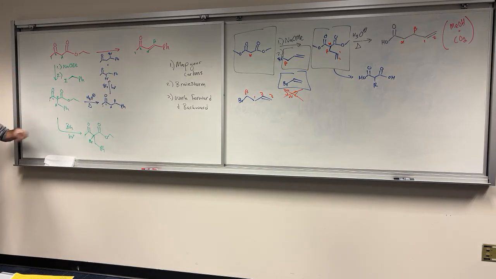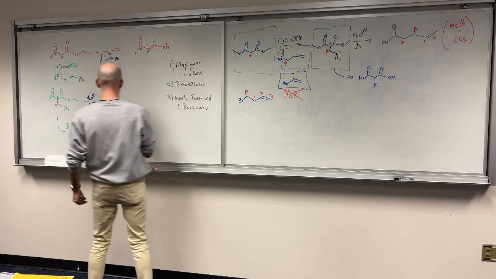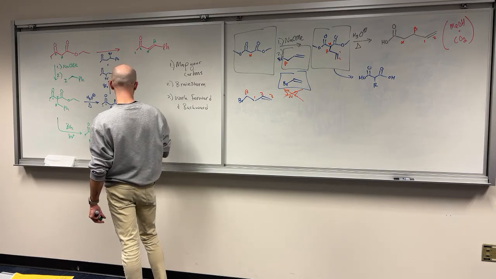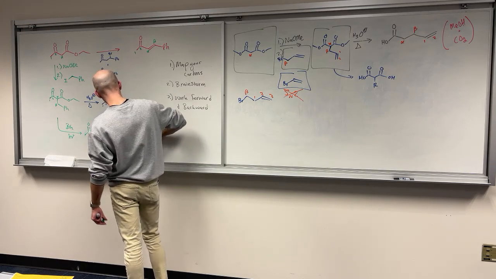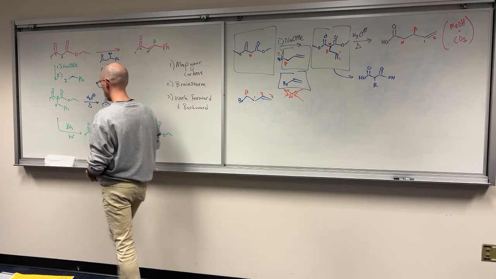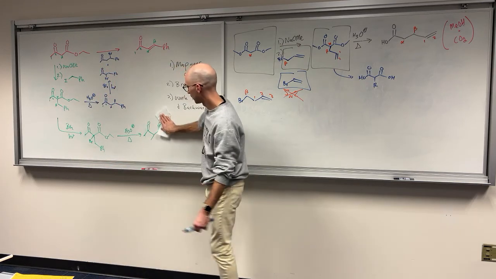Back down in this original green route, after I do radical halogenation, this is where I want to do decarboxylation. And I didn't decarboxylate it.